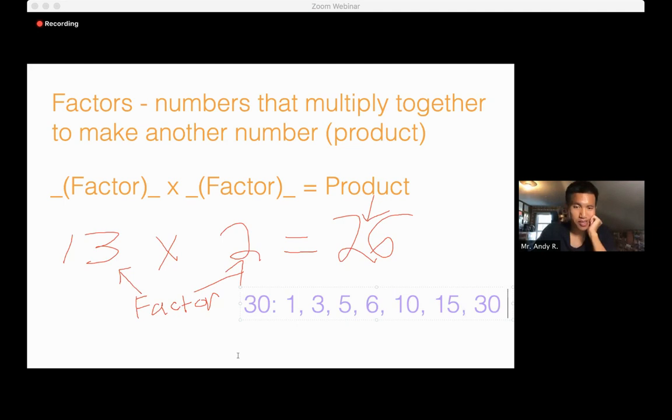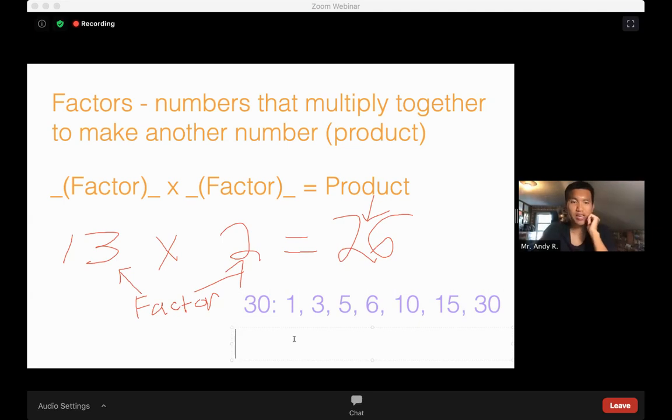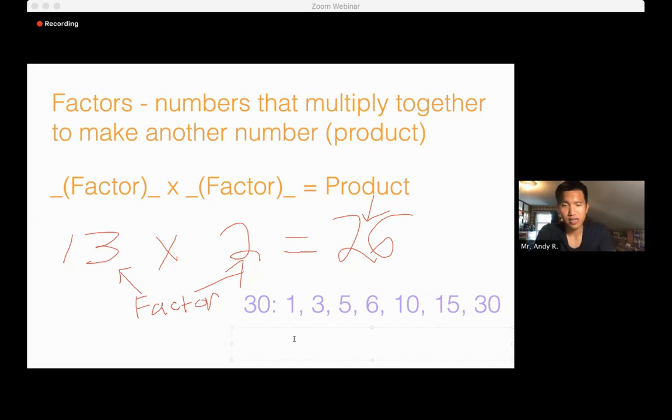Okay, let's do another one. Let's say, hey, can someone give me 54? Okay, try this, guys. 54.